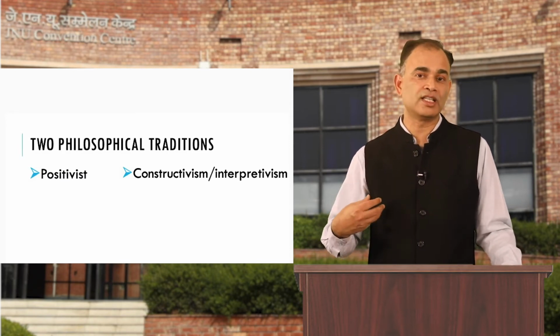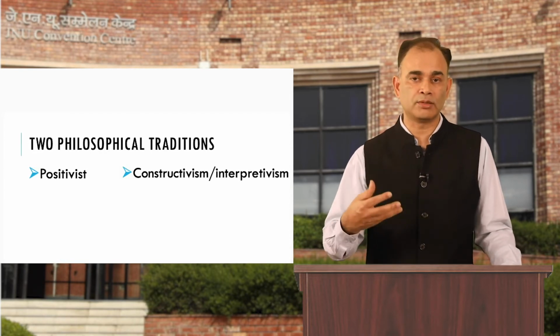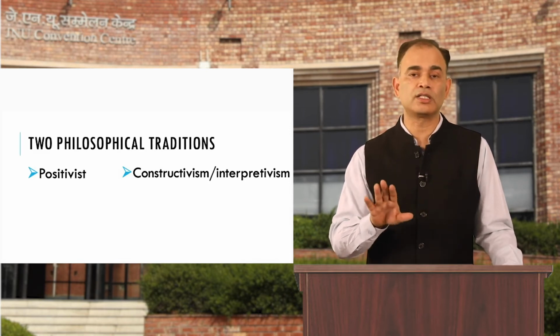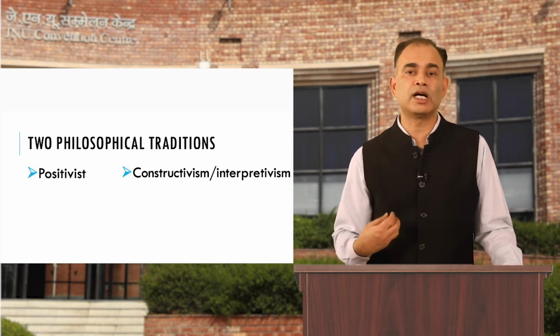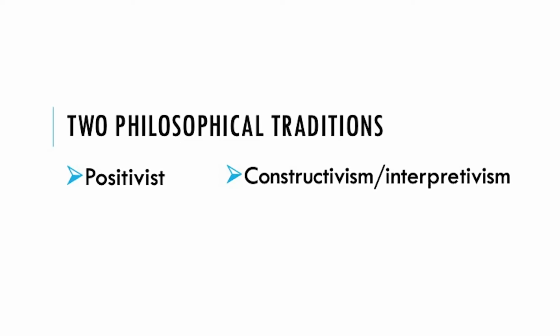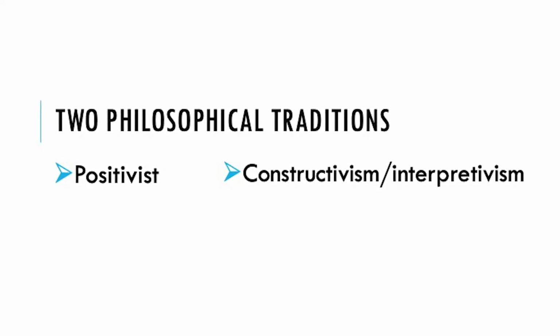The other group, just the opposite, the constructivist or the interpretationist, would argue that reality is there, but you never understand the complex reality. You always understand with the help of some interpretation. That debate has massively influenced researchers in social science. If you get into a little bit of philosophy, then you'll understand why the understanding of philosophy could be helpful for you in understanding the different types of research that you want to undertake.